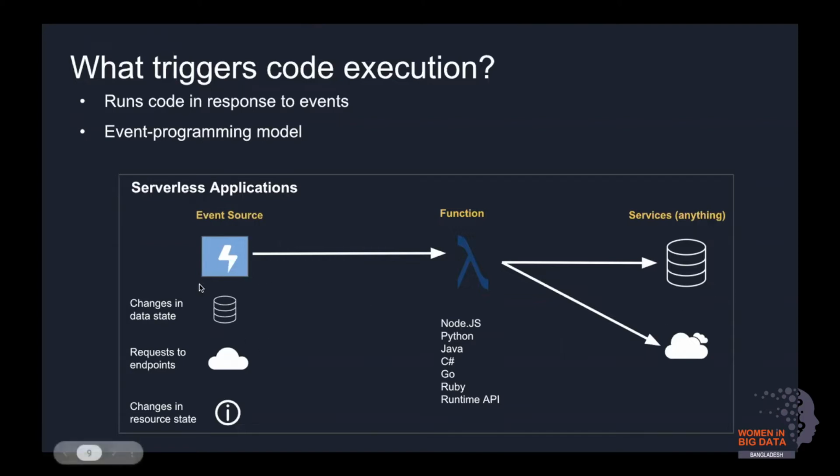So for any event change, you execute a code snippet that performs an action. That is what we understood in Lambda.